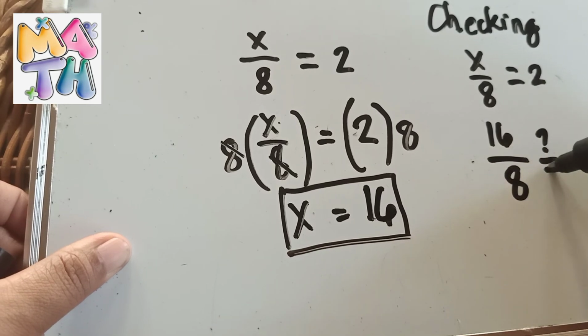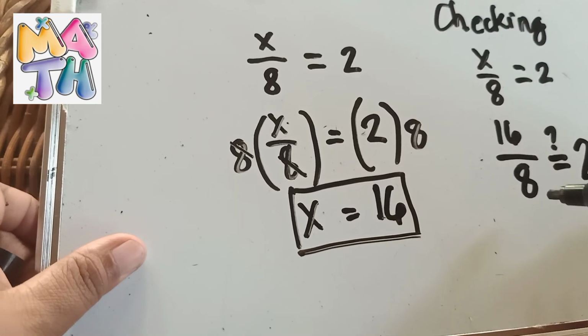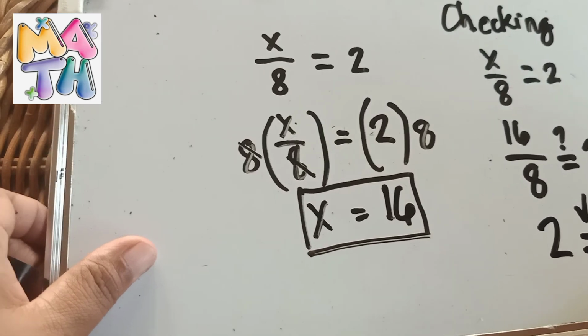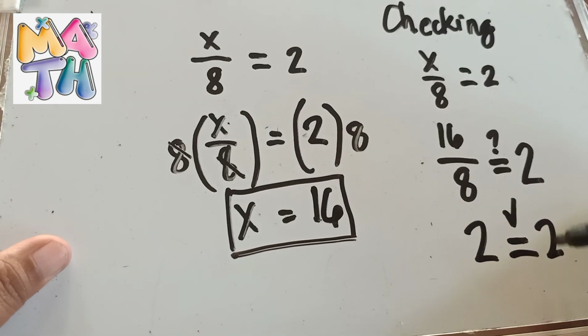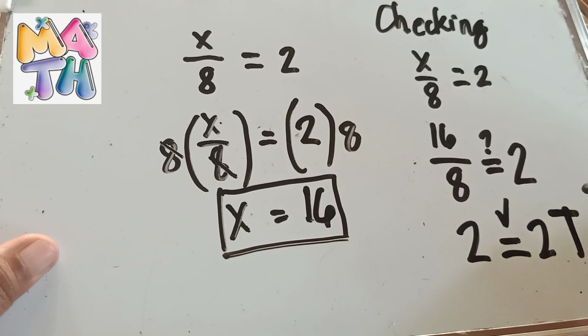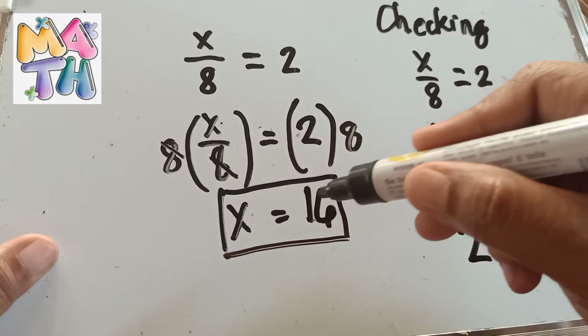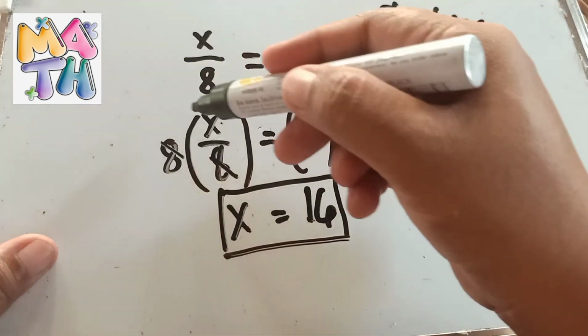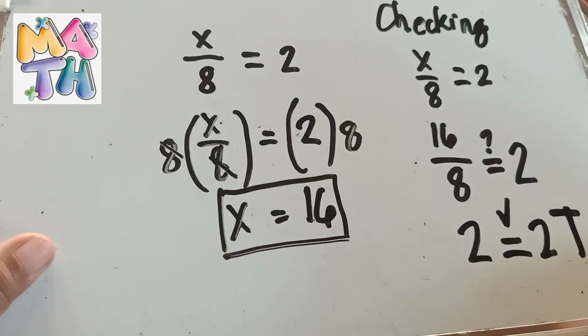Is it really equal to 2? 16 divided by 8 is 2, which is actually equal to 2. It results in a true statement. Therefore, x is equal to 16, and 16 makes this equation a true statement.